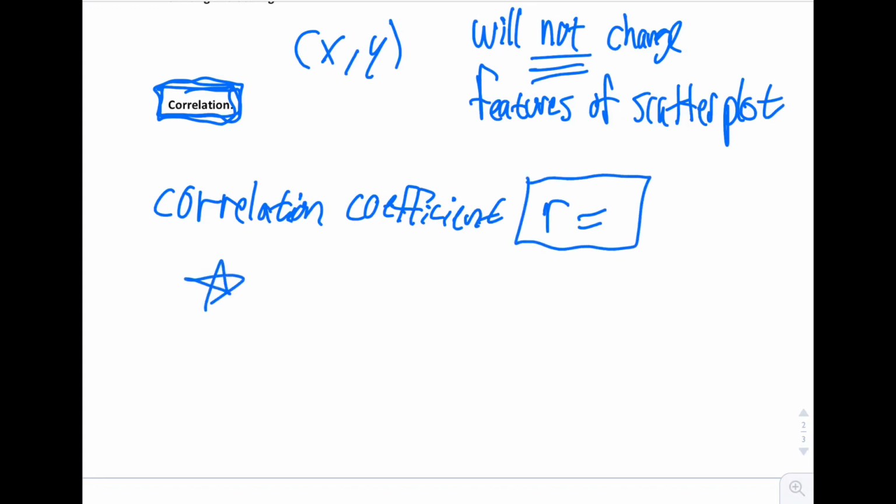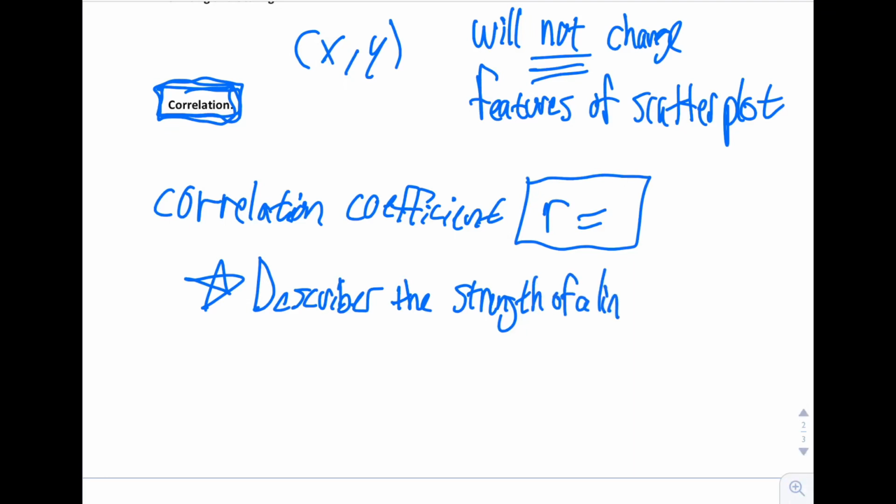What this does is describe the strength of a linear relationship. Now, every single scatter plot has a correlation coefficient. It has a number that describes how strong that linear relationship is.